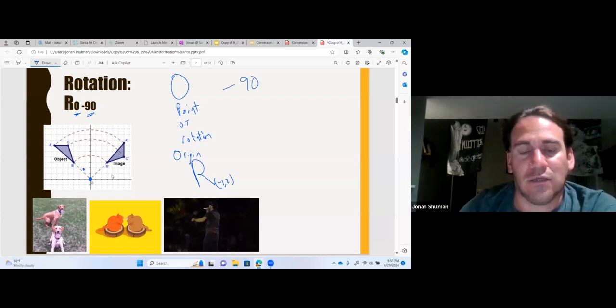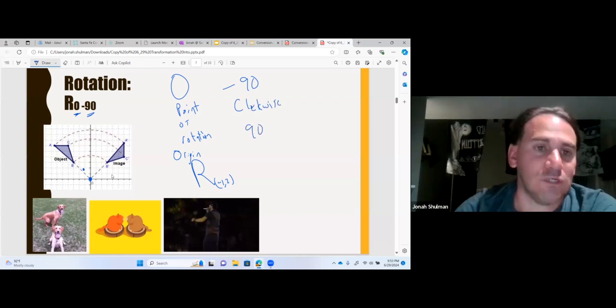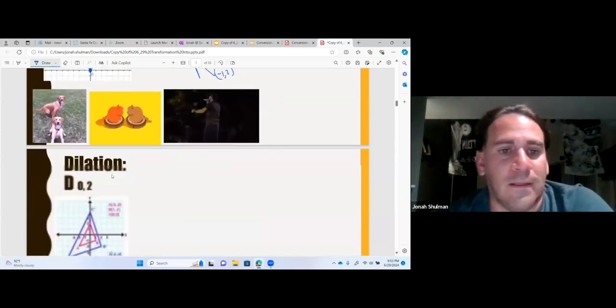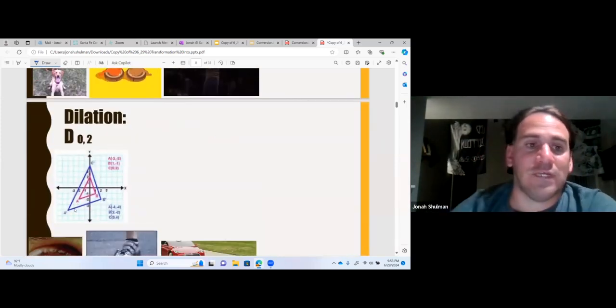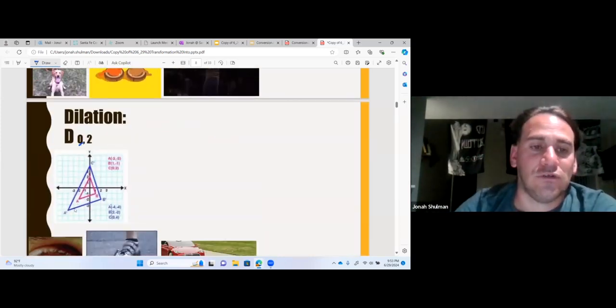So this is clockwise 90. It's just how many degrees we're turning. So that's the origin of the spin, and this is how much it spins. And this is the same thing for dilation. Dilation is the grow or the shrink.